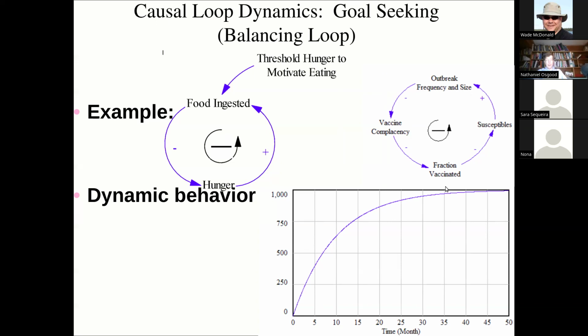So you may have, based on the occurrence of outbreaks, people less complacent about measles in Alberta. That lower complacency may lead to more people being vaccinated, which lowers the number of susceptibles, which lowers the outbreak size and frequency.